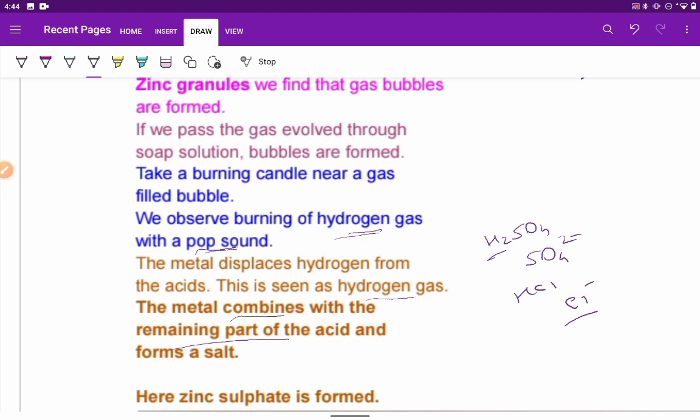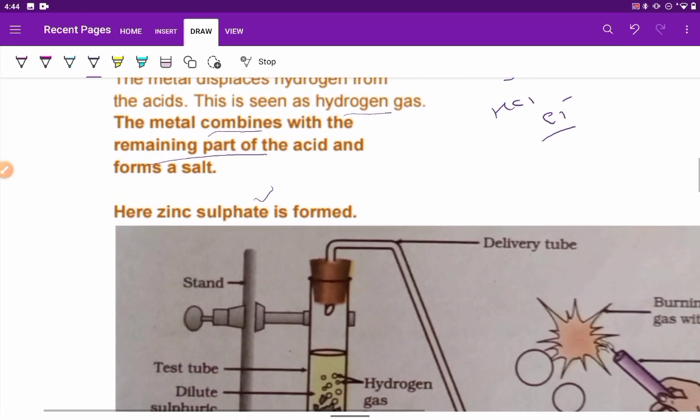Remaining part means after removal of hydrogen, whatever ion is left out, with that only the metal will combine and form the salt. So what salt will be formed depends upon the acid we have used. If it is sulfuric acid, we will get zinc sulfate. But if you take hydrochloric acid, we will get zinc chloride. But in both the cases, liberation of hydrogen gas will definitely take place.